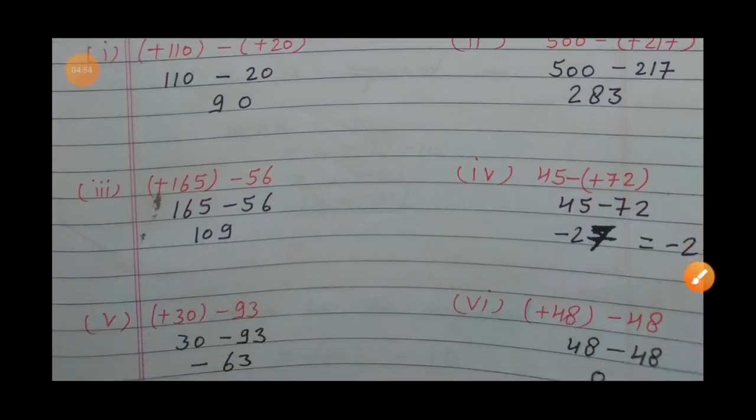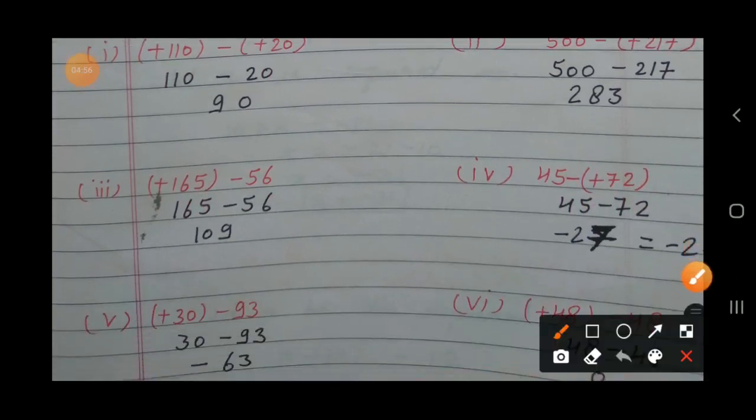Fifth, plus 30 minus 93. Yes, subtraction will be there. After subtraction we are getting 63, and 63 with negative sign. Here 93 is greater than 30, and 93 is having negative sign.